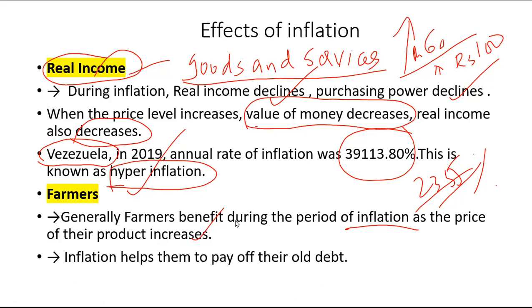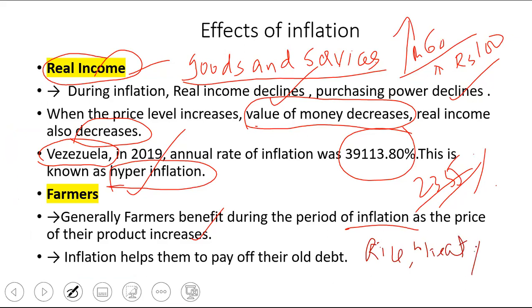What is the reason, children? किसान को inflation benefit करता है because inflation के वजह से उसके पास जो राइस है, उसने जो प्रोड्यूस किया, जो व्हीट है, उसका price is increasing, so he will get more income. And when they get more income, they can use the money to pay off their debt.